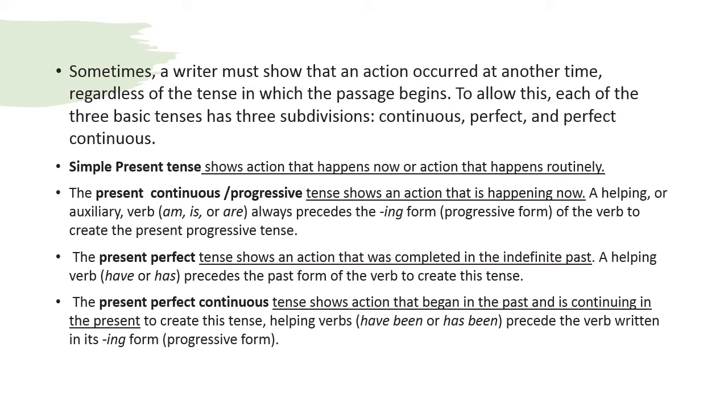Similarly, the present perfect continuous tense shows an action that began in the past and is continuing in the present. So here, to talk about an action that began in the past, we use the helping verbs have been or has been.